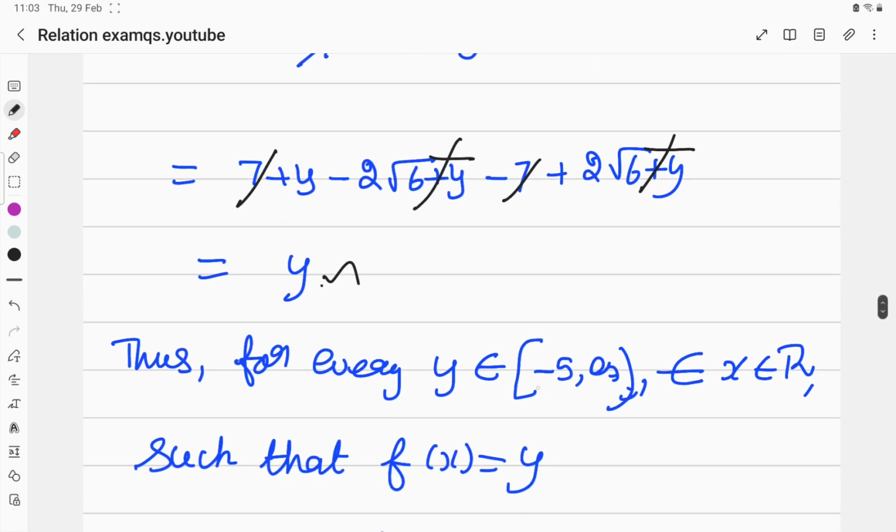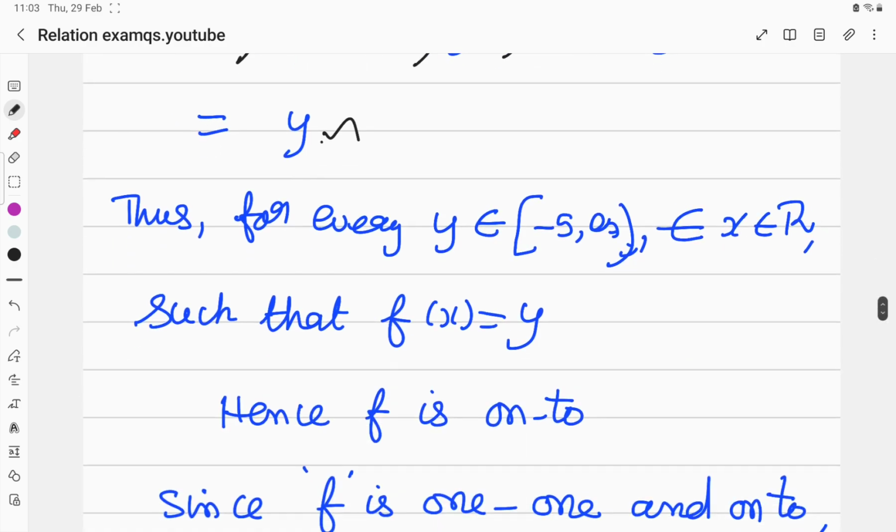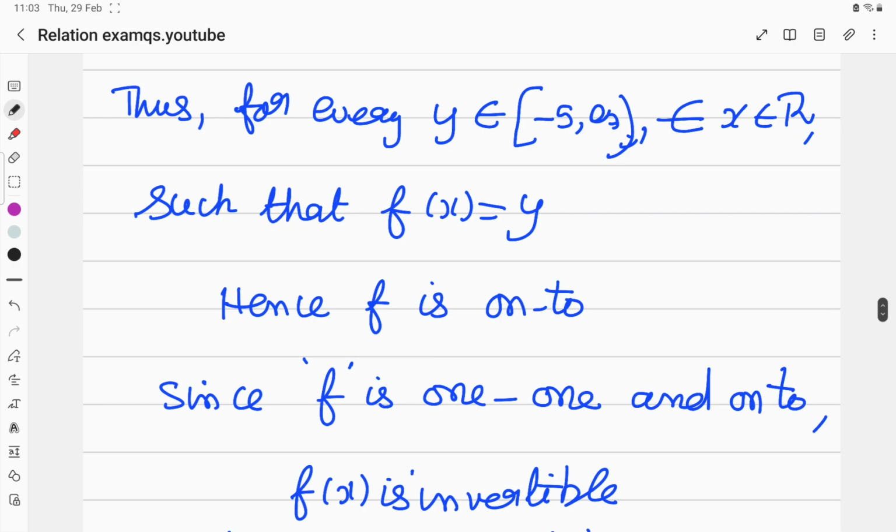Thus for every y belongs to minus 5 to infinity, there is x belongs to R plus such that f of x is equal to y, hence f is onto. Since f is one-one and onto, f of x is invertible.